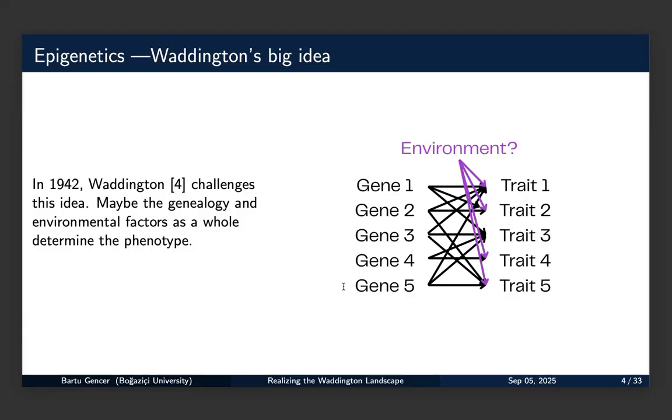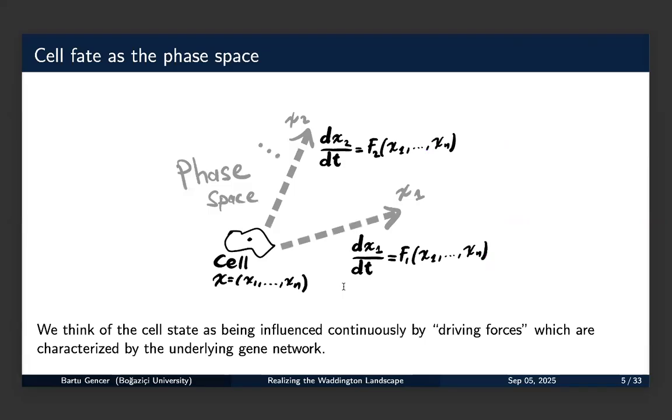And also he argued that maybe this interaction between the genotype and the phenotype is continuous rather than just being seldom interactions. So how do we model Waddington's idea as a mathematical model? Well, we can imagine the cell as being part of an abstract phase space, and this cell can be influenced by a number of what we call driving forces, which are just nonlinear functions of the genotype and also the environment.